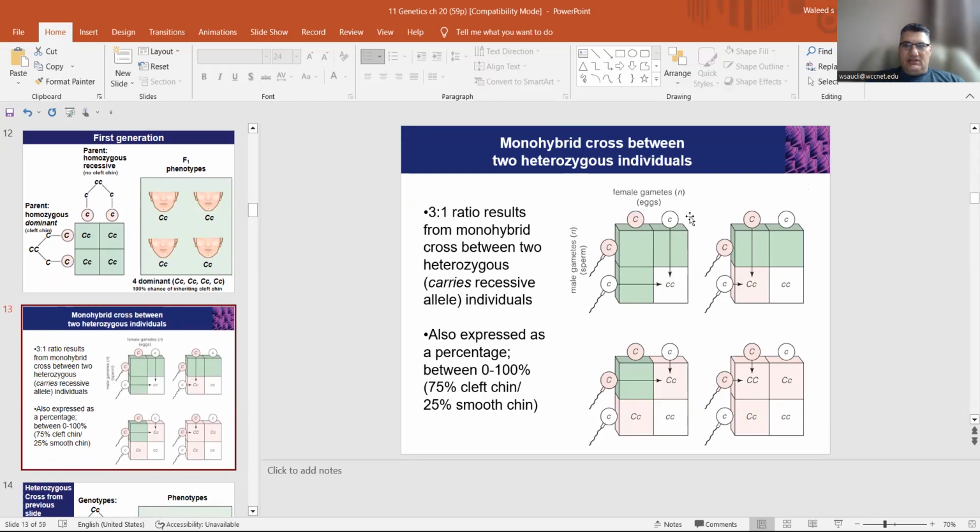This one here is heterozygous, uppercase, lowercase, uppercase, lowercase. So what are the chances? Uppercase can come with the uppercase. Remember, this is heterozygous, and this is also heterozygous. So in homozygous, it's 100%. In heterozygous, it is 25 to 75%.